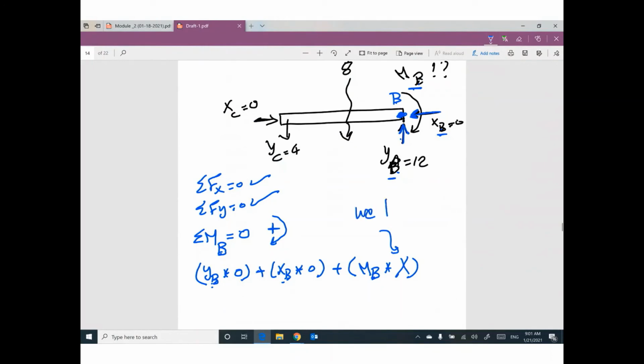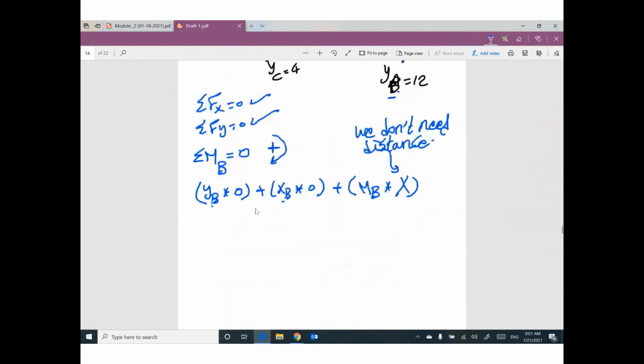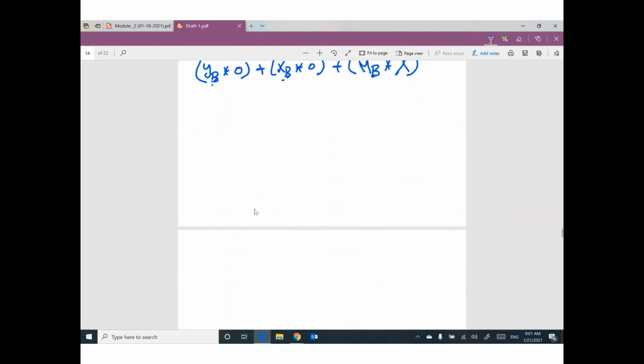We don't need distance for MB. I'm sorry, what do you mean by we don't need distance? Guys, moment equals force times distance. If you have a force, you need distance to get a moment.